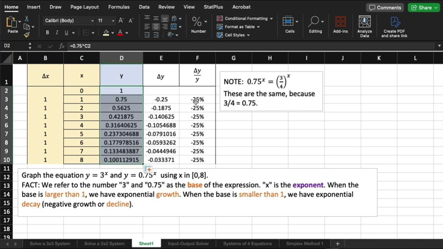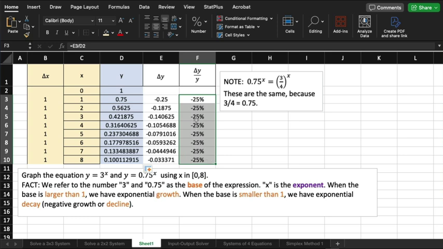And now we see that our delta y divided by y's are negative. You see that? Because the y values are decreasing, so your delta y's are negative. So that means your delta y divided by y is also negative, which tells us that our rate of decline is 25%.